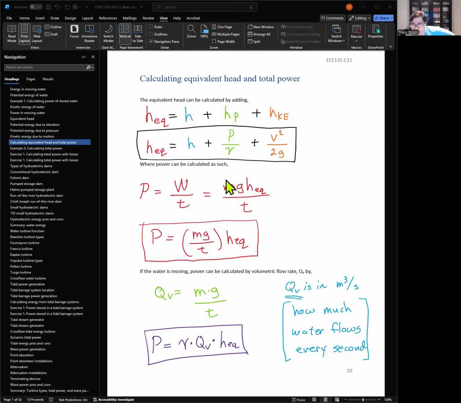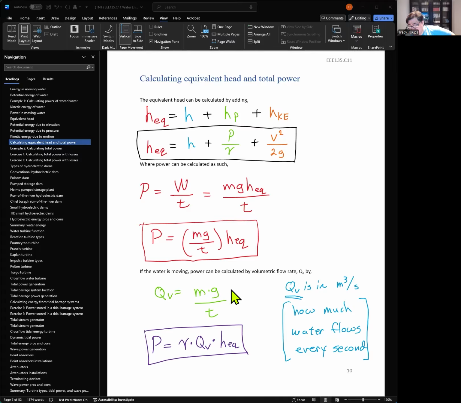So total power is mass times gravity times equivalent head divided by time, and you could just rearrange it with some brackets and make it look neat. But a big trick here is that equivalent head will help figure out power. So this bottom equation, if you got all these variables, you could directly calculate this.